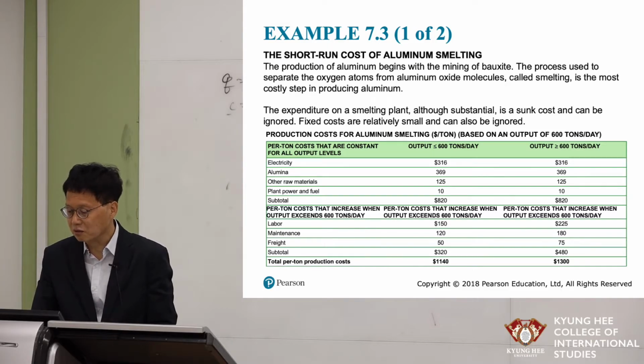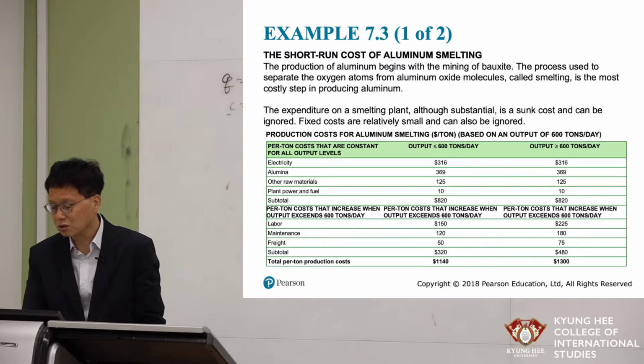Anyway, this is a variable cost, but it becomes higher when you produce more. So when you produce more than 600 units, the average cost is 820 plus 1300. Okay? Different, isn't it?